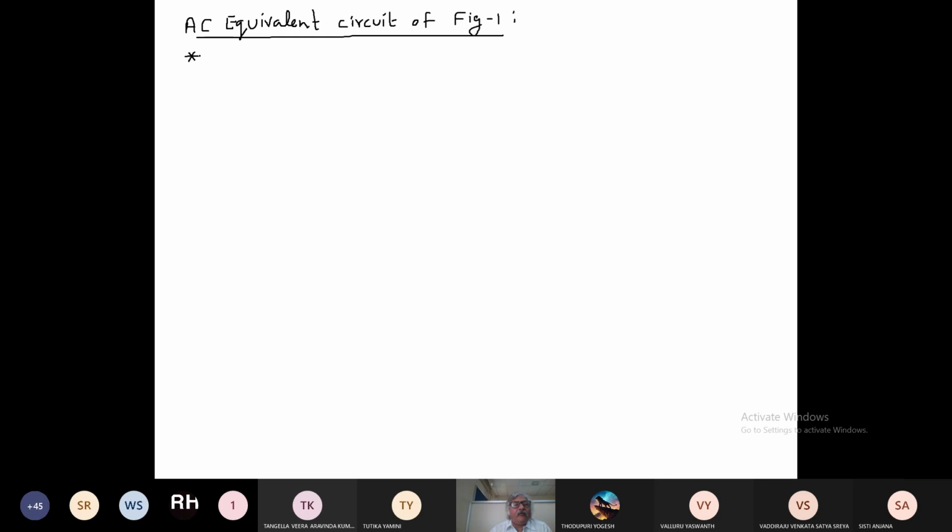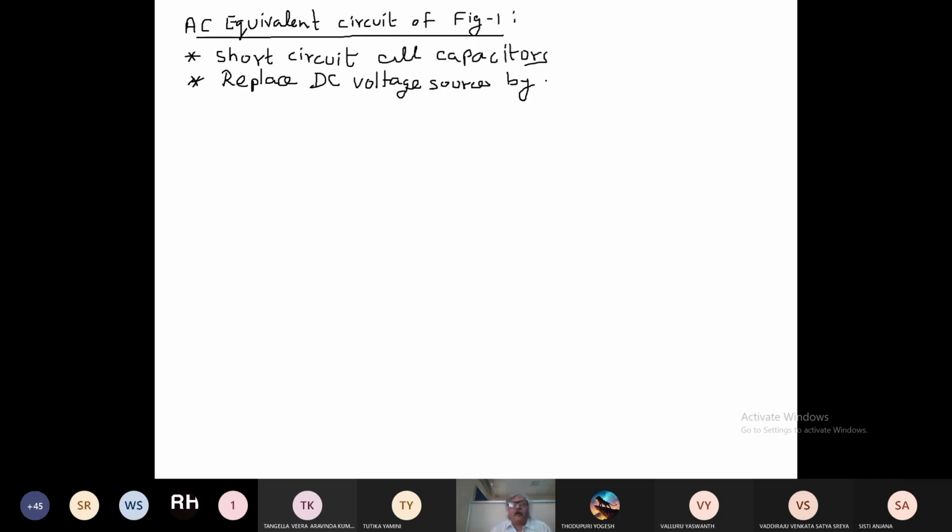So what we have to do? Short circuit all capacitors, and replace the DC voltage source by ground.